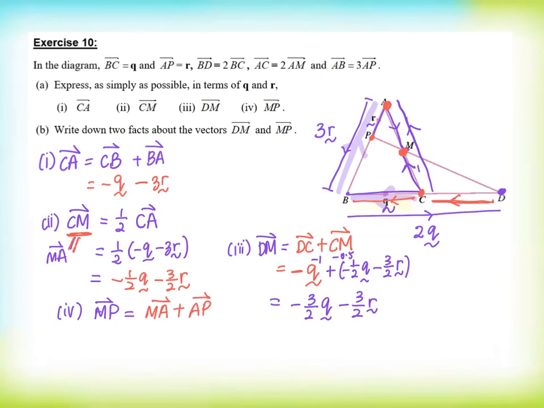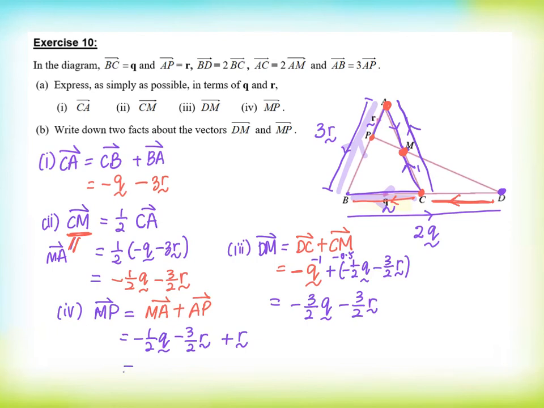So I'm going to use the answer I found in part 2, negative half Q minus 3 over 2R. And I know that AP is the vector R. So I'm going to add vector R for AP.